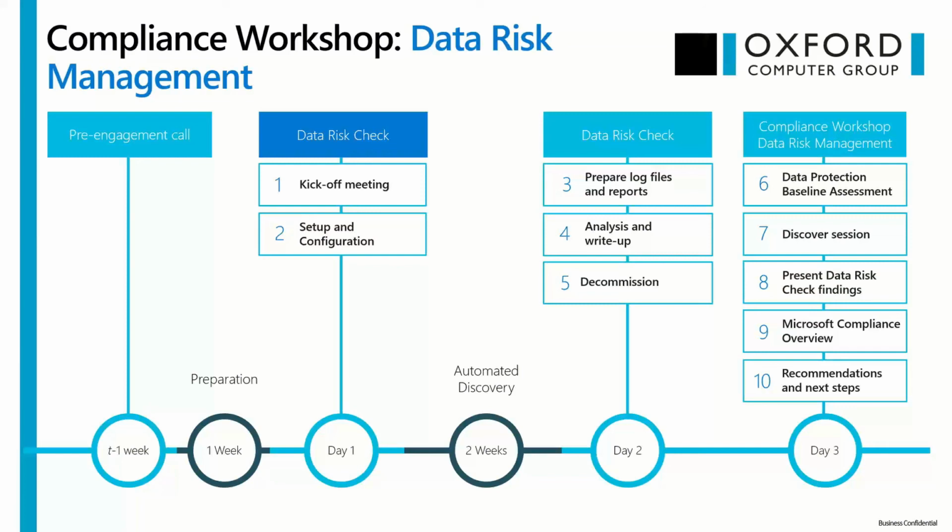And then, as you see in day 3, is where a lot of the time is spent establishing that data protection baseline, doing the discovery session, and presenting the findings from the data risk check and the Microsoft Compliance Overview.